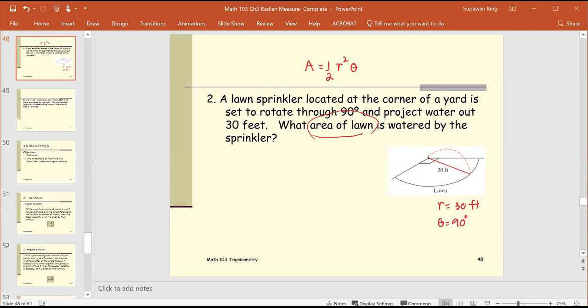Again, change 90 degrees into radians by multiplying by pi over 180 degrees, or pi over 2. Replace the numbers in the formula. A equals 1/2 times the radius, which is 30 squared, and angle theta is pi over 2. Compute the number to get 706.86. The unit is square feet.